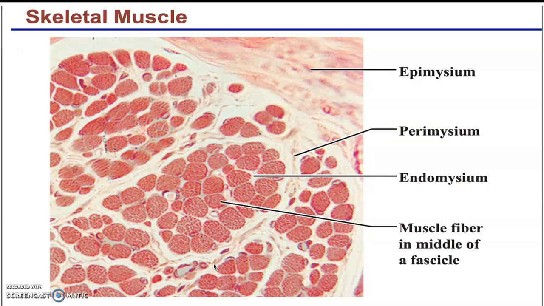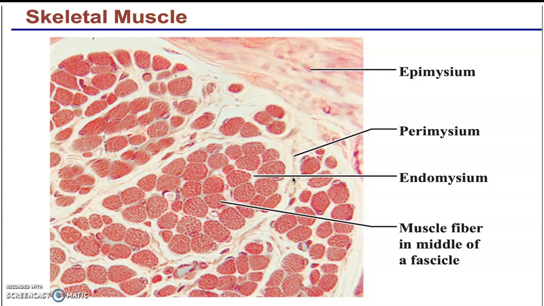So this is a better picture, or a close-up, of the skeletal muscle tissue. And you can see the epimysium, which is right here, and then the perimysium, which is right there, and the endomysium, which is right about here. And then they have muscle fibers in the middle of a fascicle, which you can see right there. So what is the function of a muscle?